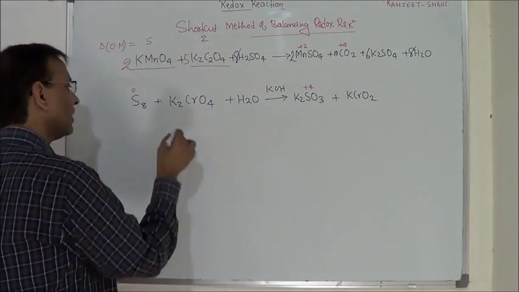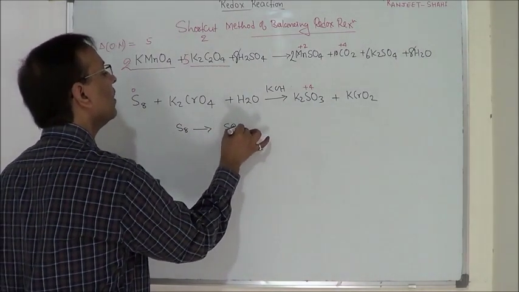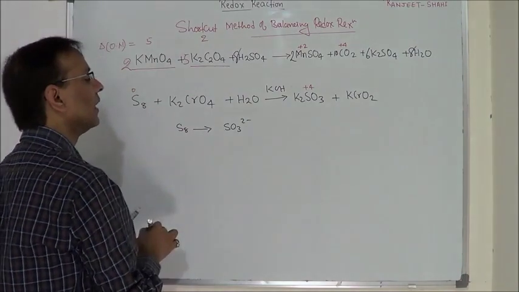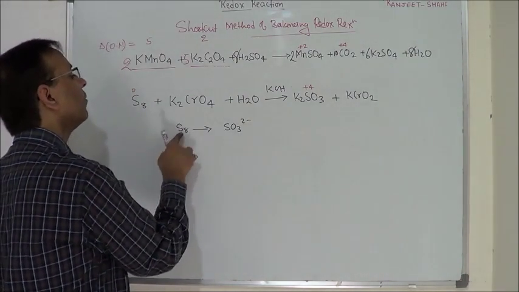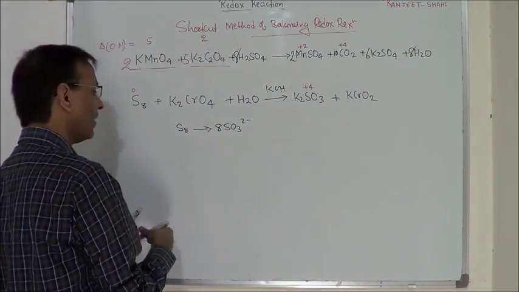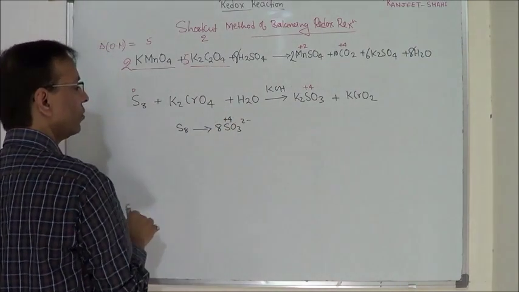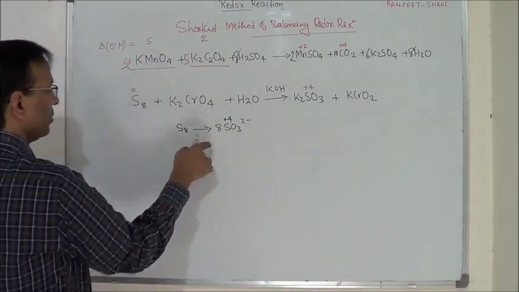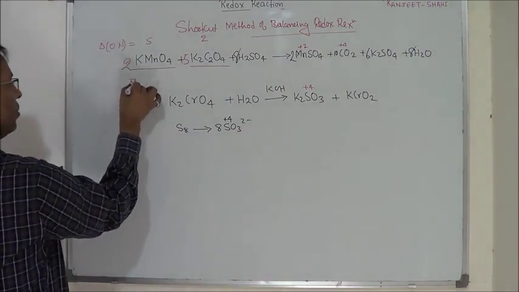So for the change in oxidation number on sulfur, we'll have to take it like this: SO3 2 minus, 8 sulfur for 1 unit. 8 sulfur will have to be considered. So on this side 8 sulfur, each +4, 8 into 4 is 32, 0 to 32. So the change here is 32.